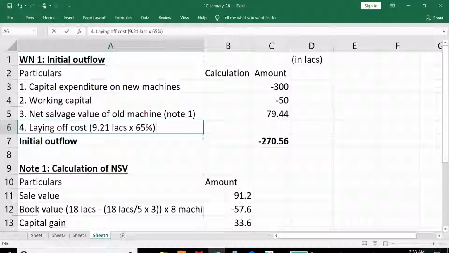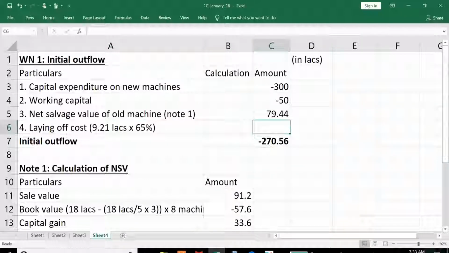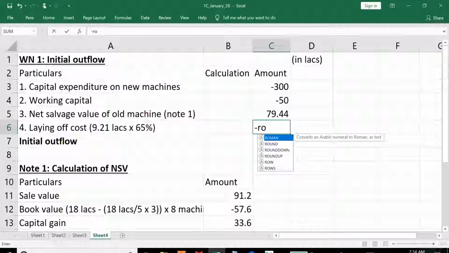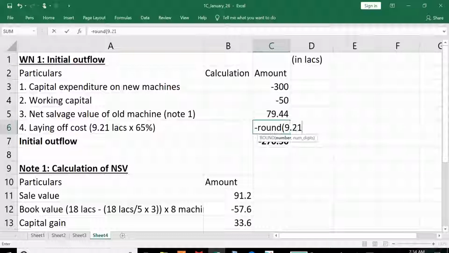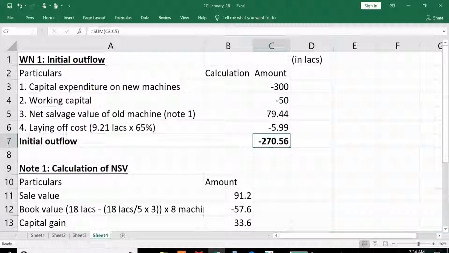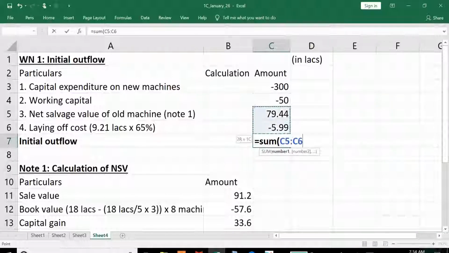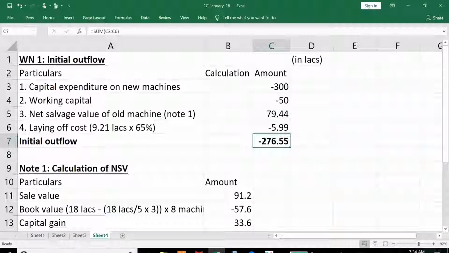Why 65%? It is after tax. This is a part of initial outflow. Write this: 9.21 lakhs into 65%.